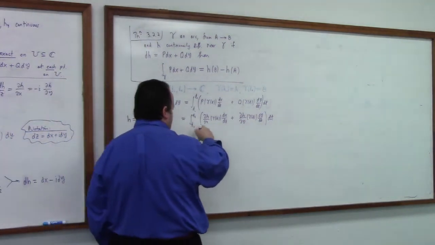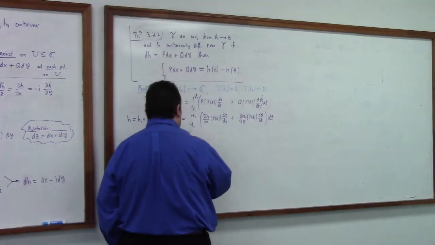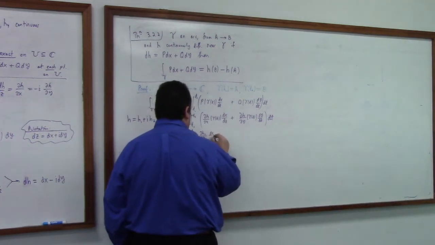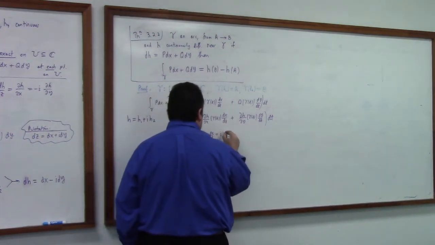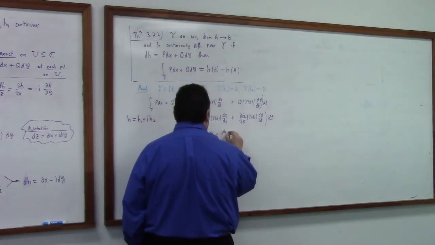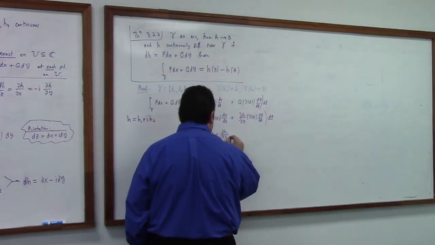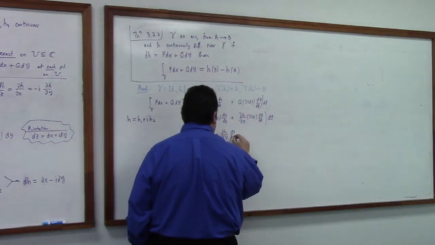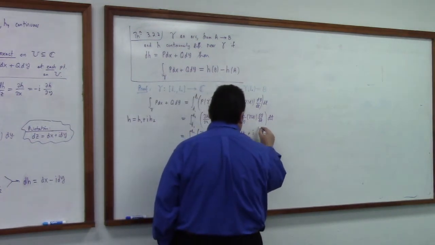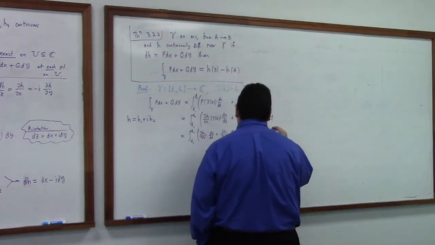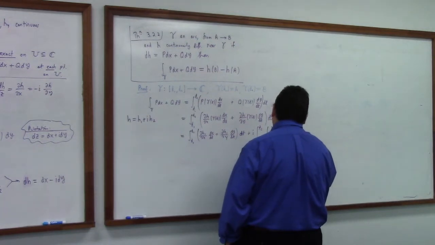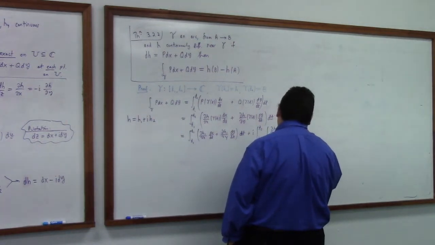And so if you look at that, what you've got is the integral from t1 to t2 of partial h1, partial x, dx dt, plus partial h1, partial y, dy dt, plus i times the integral from t1 to t2 of partial h2, partial x, dx dt, plus partial h2, partial y, dy dt.